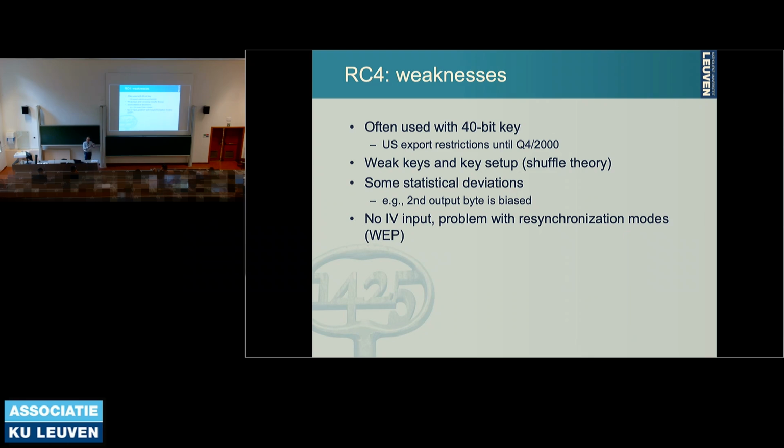But that was not how the original designer intended its use. And so if an attacker can observe output that was generated with the same key and different IVs, you can again write out equations and solve. And that was how the cipher was used in the web protocol, and that's one of the reasons why the web protocol was completely insecure, because the stream cipher was used in a way that was not intended by the designer.